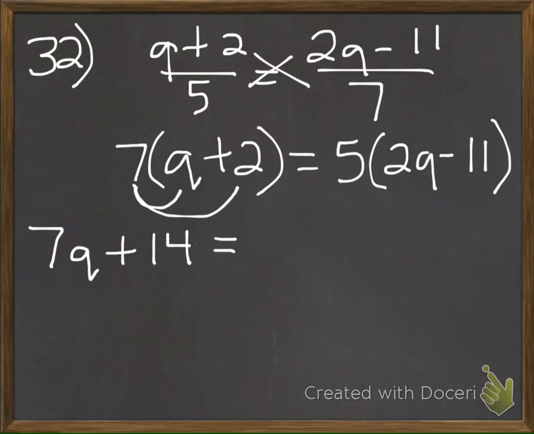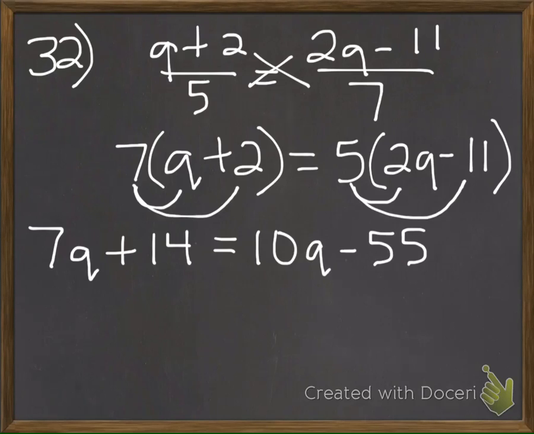Bring down your equal sign. 5 times 2q is 10q. And then 5 times negative 11 is negative 55. All right, now you have your entire equation written out, and then you solve. Move the smaller of the variables so that your variable stays positive.